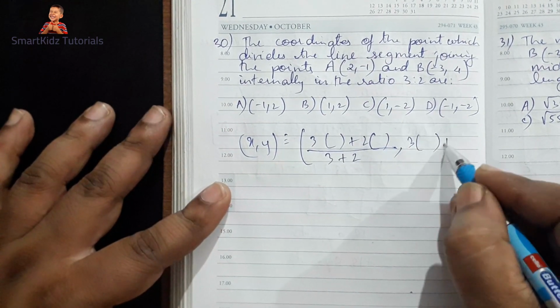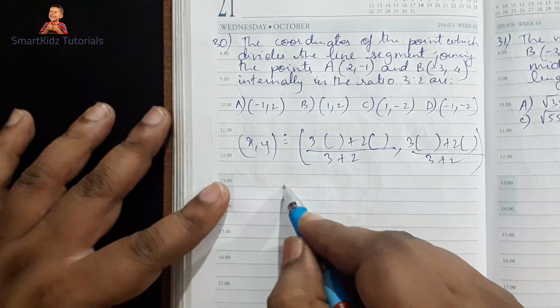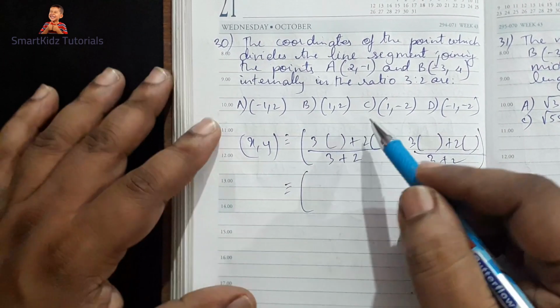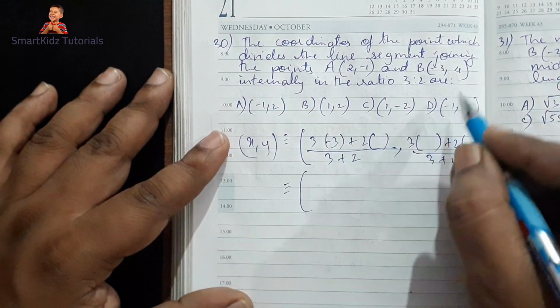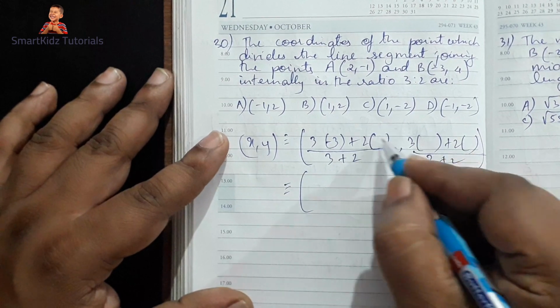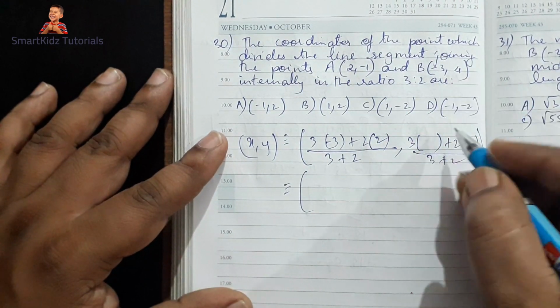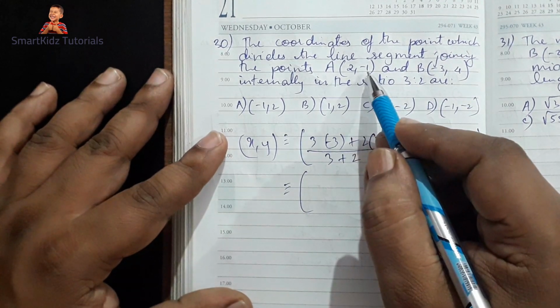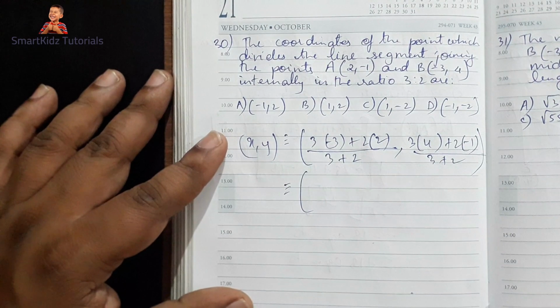Again same thing over here with y coordinate, another, and 3 plus 2, close the bracket. So you have x2 which is minus 3 and x1 which is 2. Same thing, we have y2 as 4 and y1 as minus 1 over here.